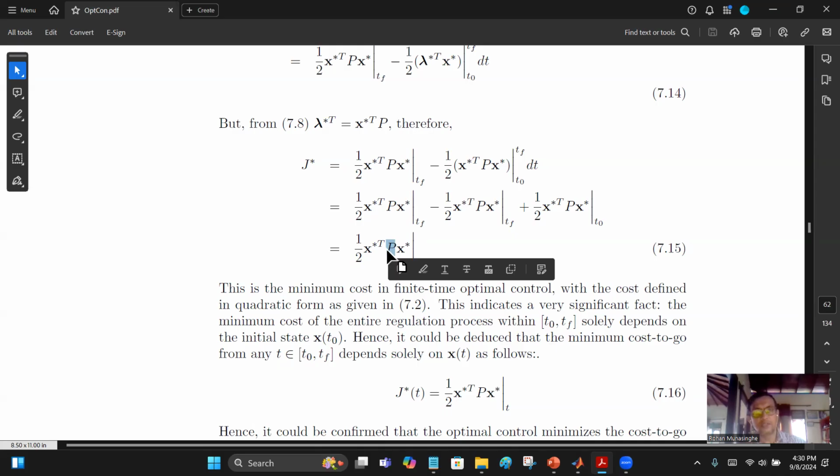So this says that this is the total cost of the entire operation within that time period, whatever it is. You don't have to spend more. So when you go from time 0 to time Tf, this reduces, and eventually at the end, it becomes 0.